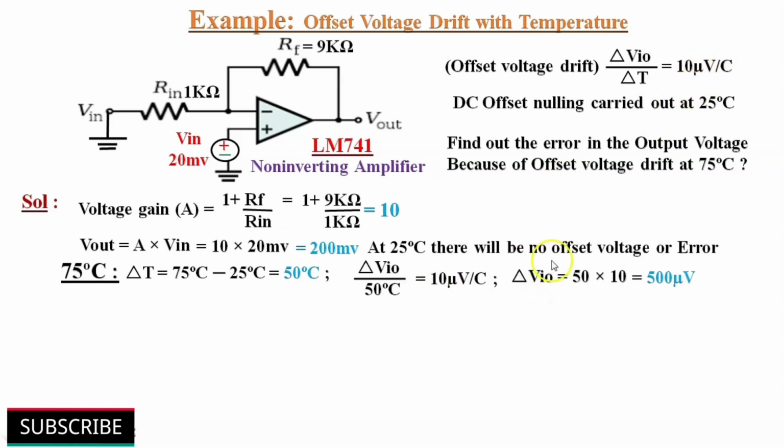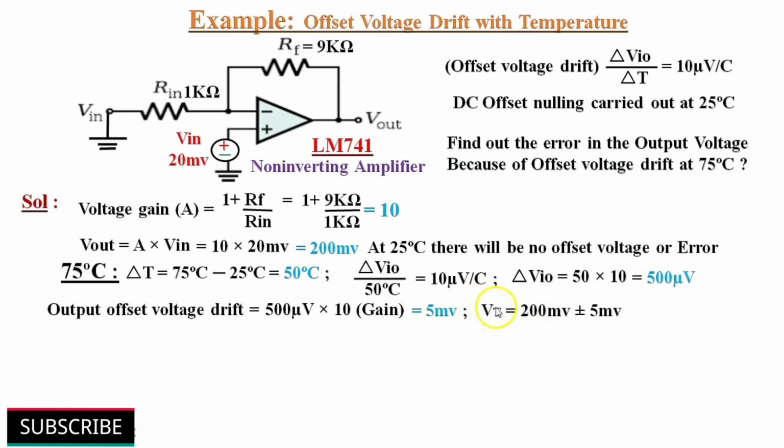So change in offset voltage delta VIO is equal to 50 degrees centigrade into 10, that comes 500 microvolt. Output offset voltage drift is 500 microvolt into gain 10, that comes 5 millivolt error at output.